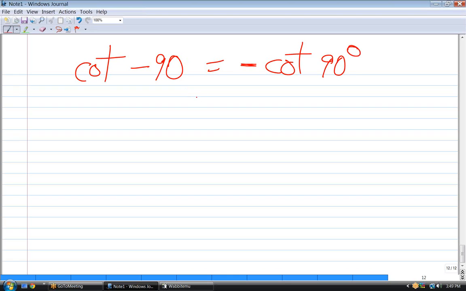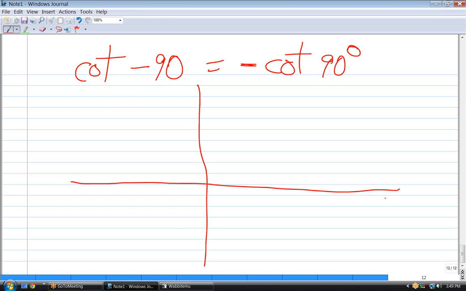Okay. Well, to get trig functions of your quadrangles, there's a number of ways you can do it without a calculator. I know what the graphs look like. And if you know what the graphs look like, this is the graph of cotangent. And this is pi over 2 right there. Cotangent's always going down, always decreasing, so it's right there.